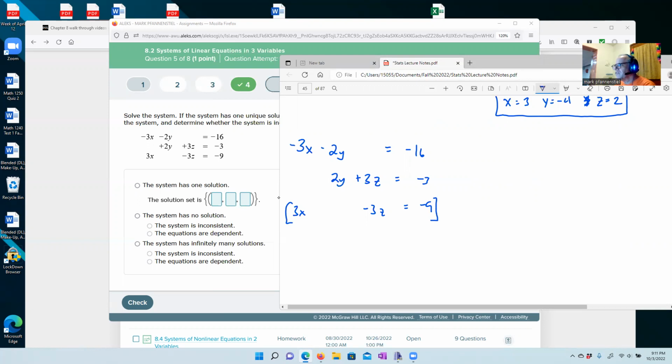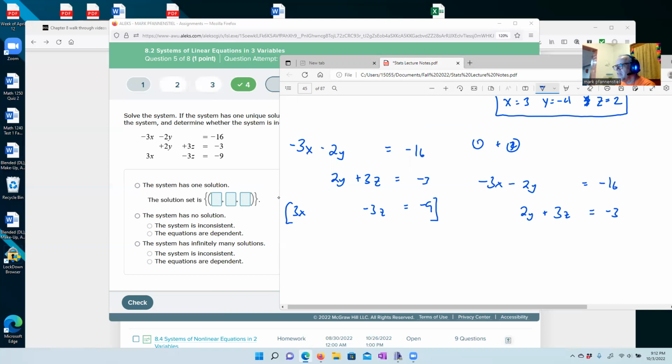So I'm just going to take equation 1 and add it to equation 3 and see what happens. We're not changing anything about equation 1 or equation 2. So we have 2y plus 3z equals minus 3. We're going to add equation 1 and equation 3 together. So I have negative 3x and a positive 3x, that's going to be 0.